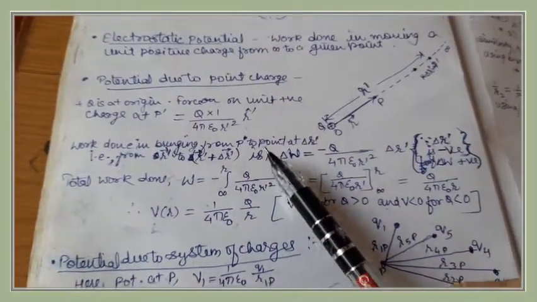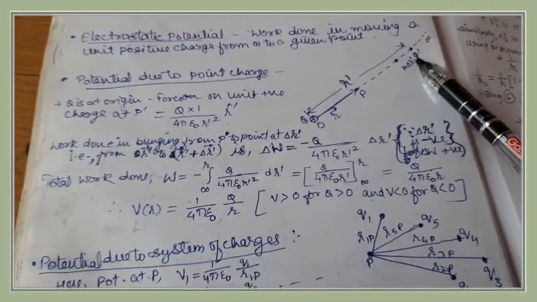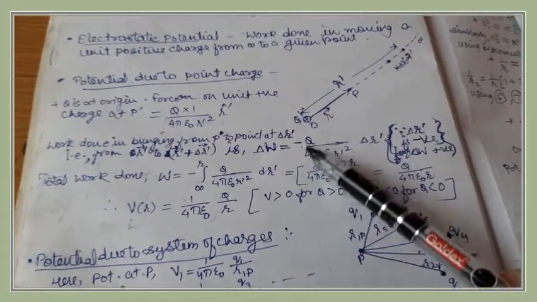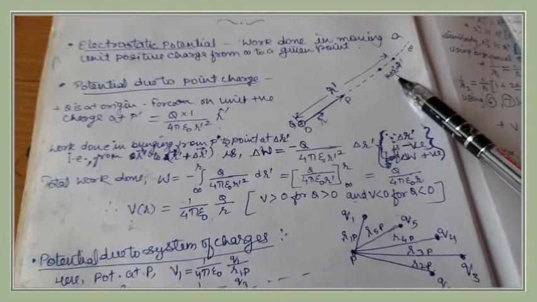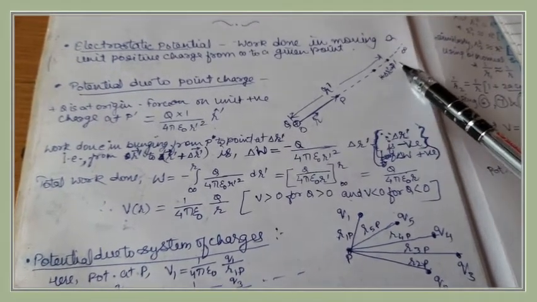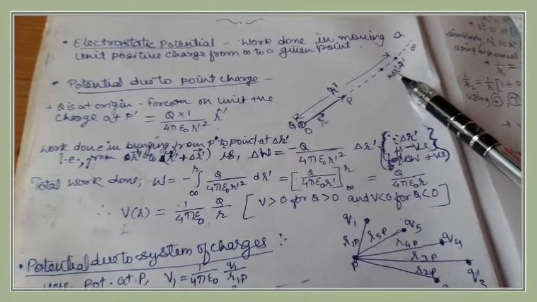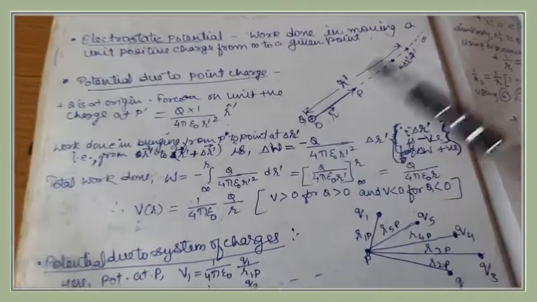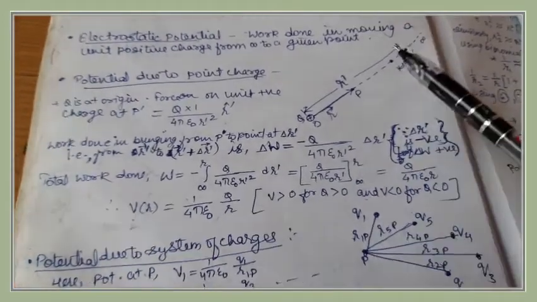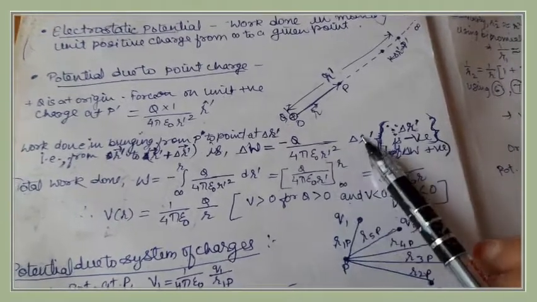Now if you want to bring the charge from point P dash to another point at a small distance delta r dash, means you want to move the unit positive charge from P dash by a small distance delta r dash, then obviously you have to do some work because you are bringing it nearer to the positive charge q, so more repulsive force will be there, and that's why you have to do some work. That work done is nothing but force into displacement.